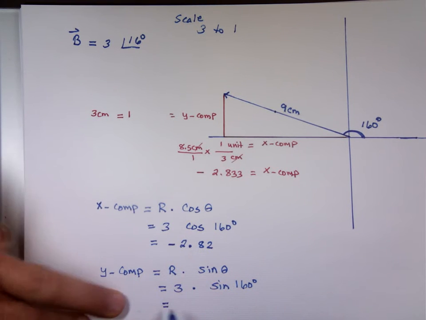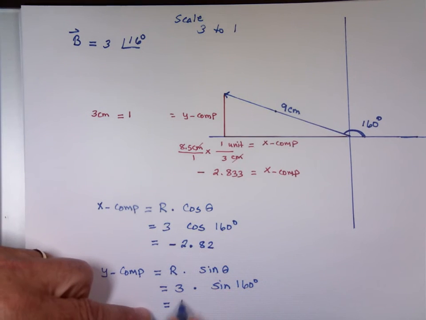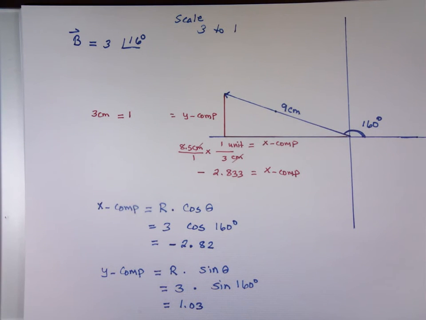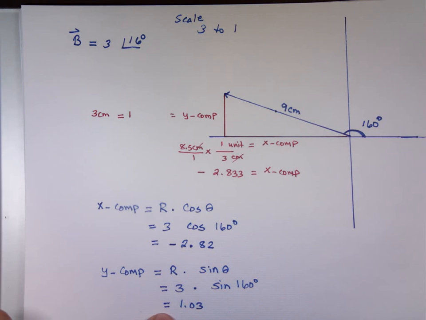Let's see if the math says almost 1. 3 times the sine of 160 is 1.03. Not bad at all. Graphically, 2.83 and 1. Mathematically, which is the correct way of doing it, it's 1.03 and negative 2.83.